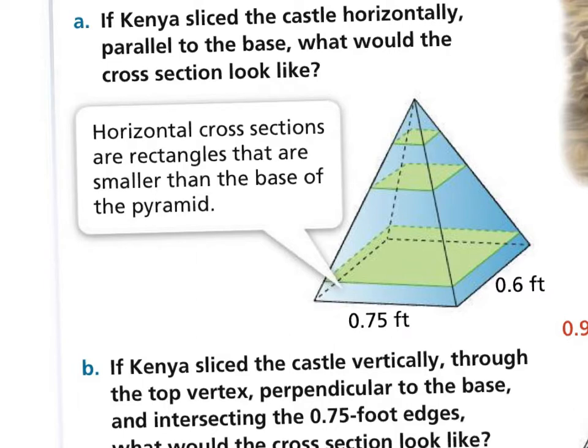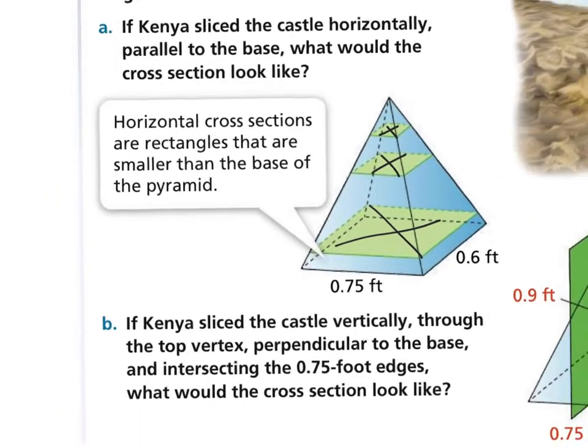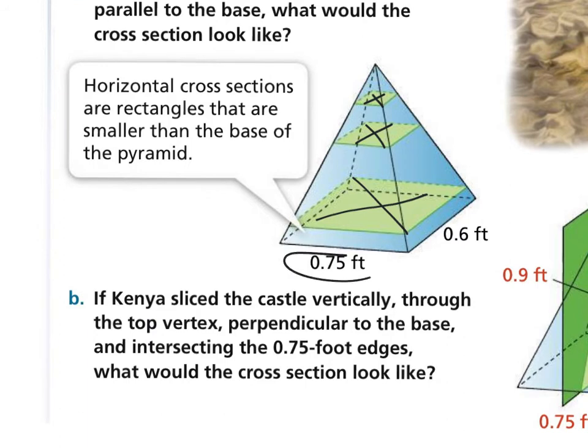Towards the bottom, it's going to be pretty close to the size of the base, but as we get further up, these are going to get smaller and smaller. Our base is a rectangle, so they would be rectangles, but they would progressively get smaller as we move upward.